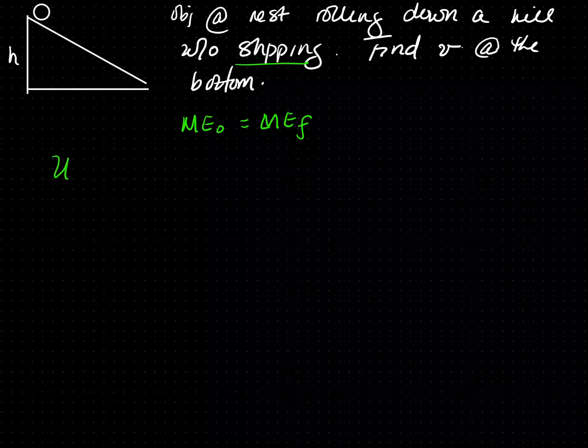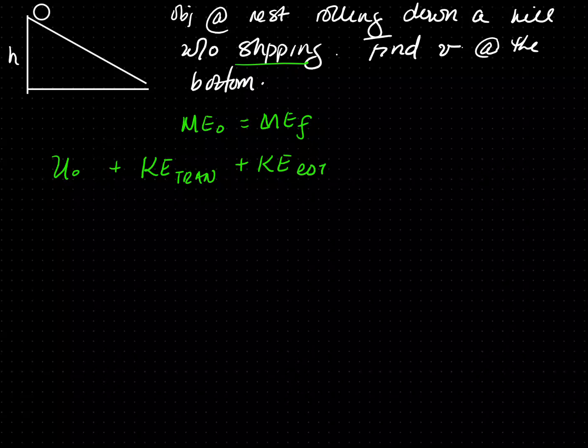At the top, we could have potential energy, kinetic energy translational, that is moving in the X, Y, Z direction, and kinetic energy rotational because now it's rolling, so it's spinning. At the end, we could have potential energy final, kinetic energy translational prime, where I put the prime to represent it is a different kinetic energy from before, and rotational energy prime.